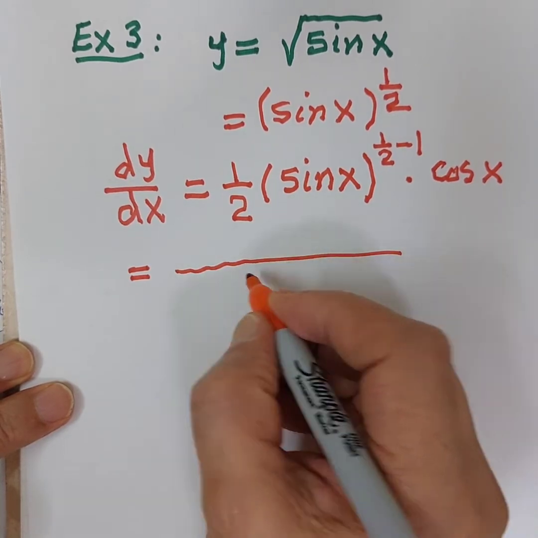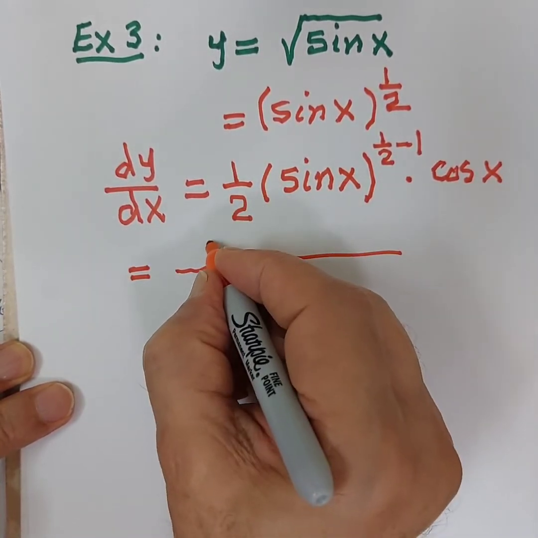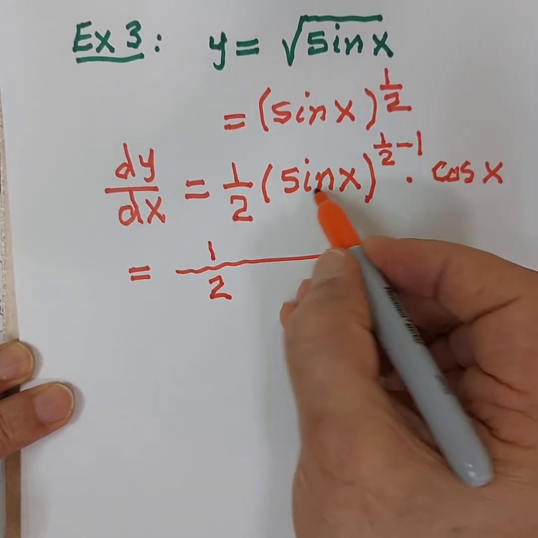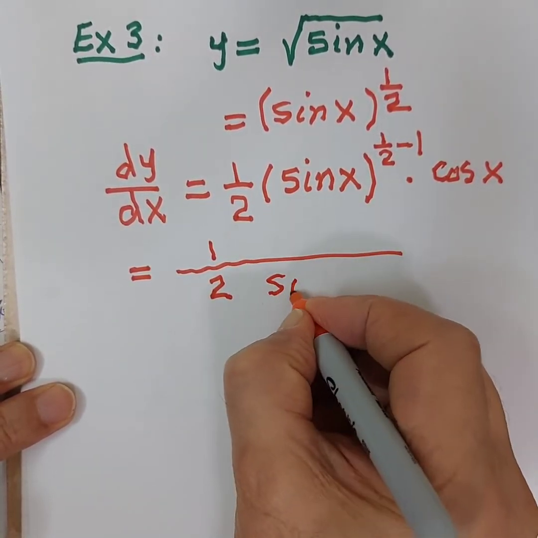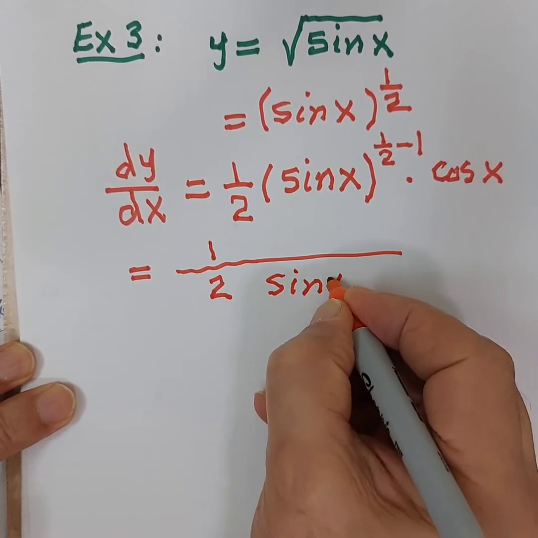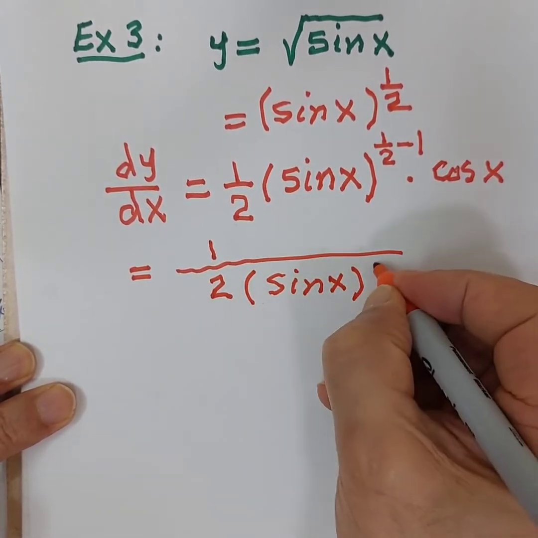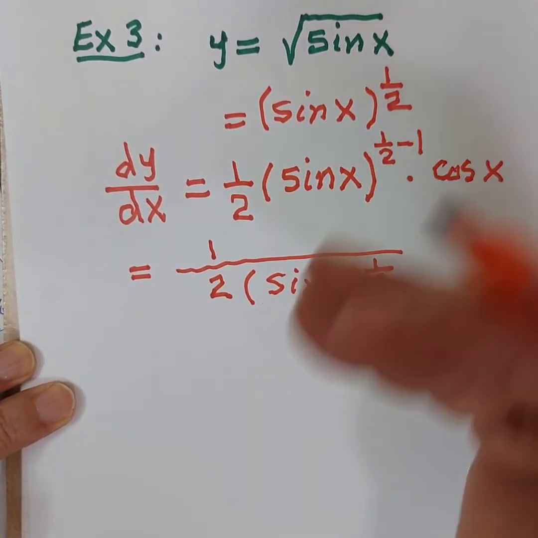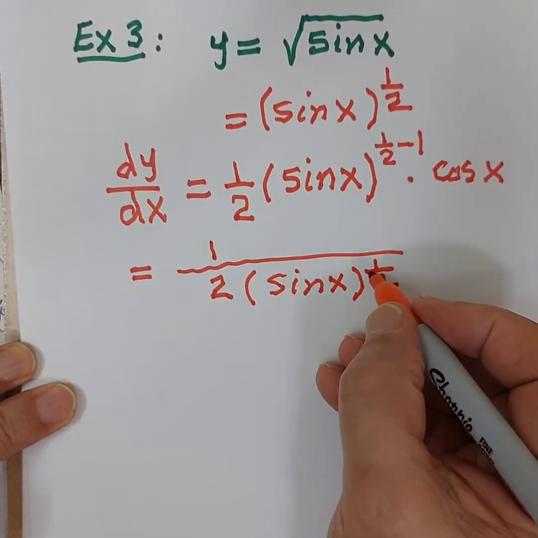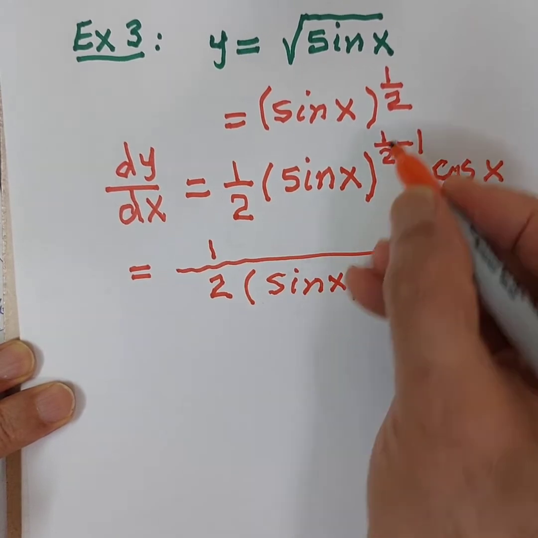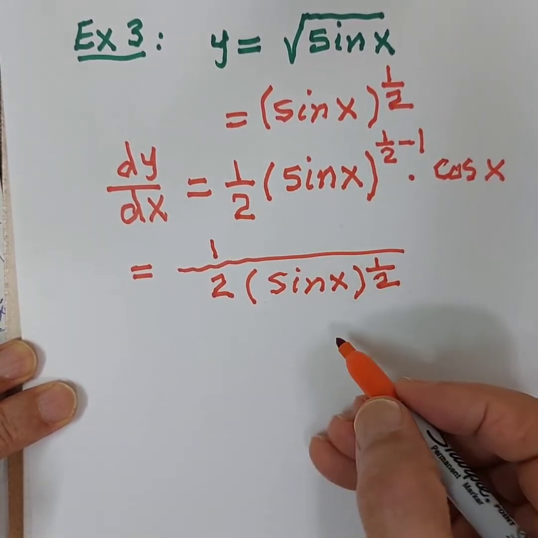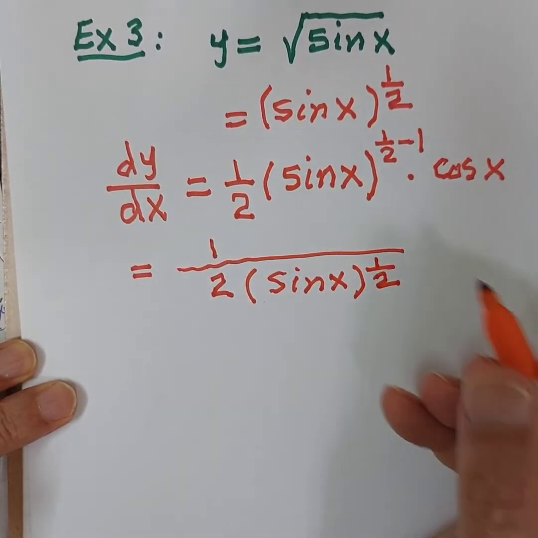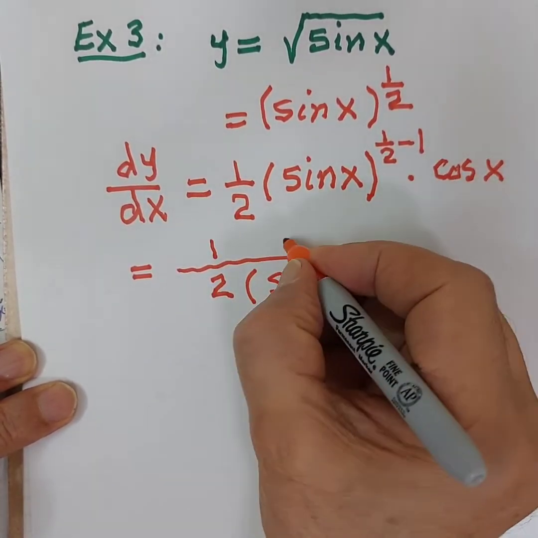That's mean 1 in the top, 2 in the bottom, sine x in the bottom to power half, because when it's with power minus, we can put it in the bottom and change the sign of the power. Power in minus, put it in the bottom, change the sign of the power to positive. And here in the top, cosine.